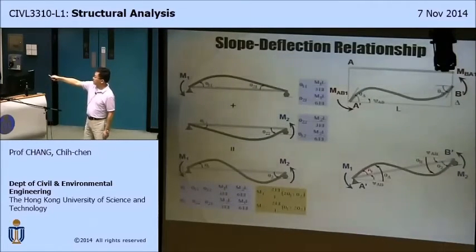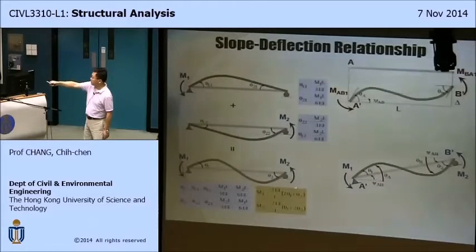So previously, theta 1 is here, but we are not interested in theta 1. We are interested in this rotation angle called theta A. This is the reference, right? We're always referring from the horizontal plane. So this is theta A. We need to relate theta 1 to theta A. So theta A is equal to theta 1 plus psi AB, or theta 1 is theta A minus psi AB.